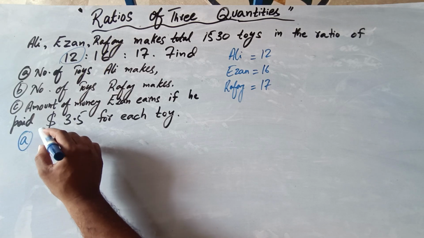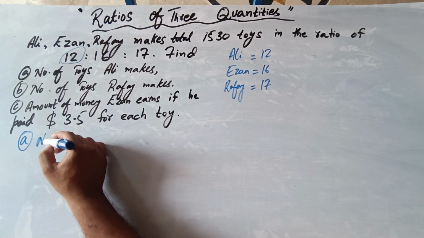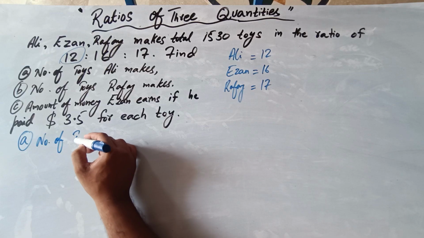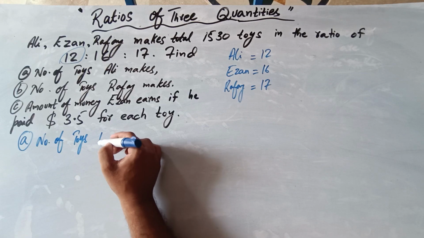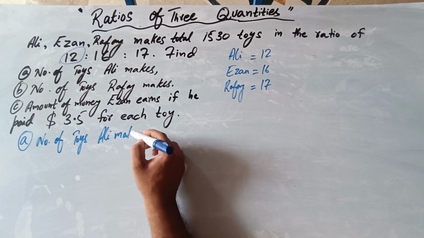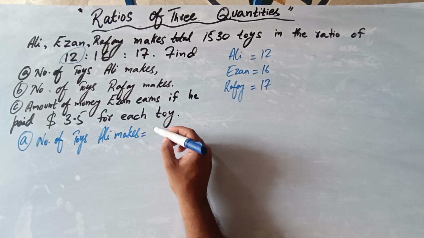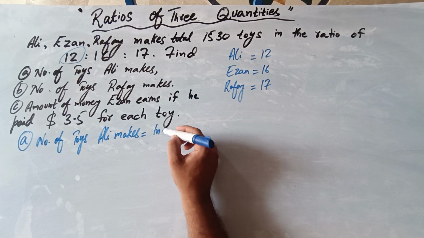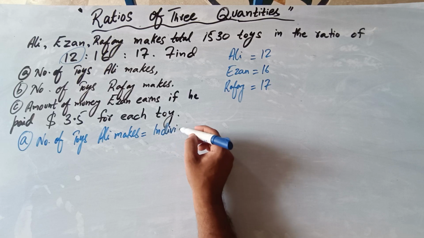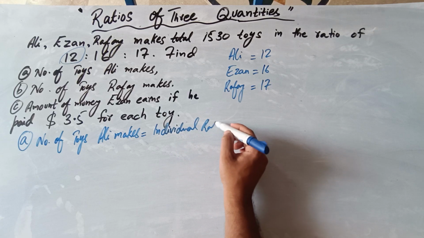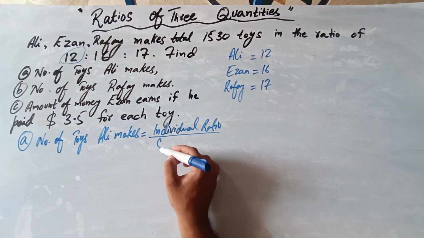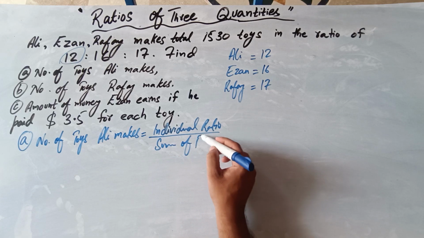Start with Ali: number of toys Ali makes is equal to, again we will use the same formula, individual ratio divided by sum of ratios, multiplied by total.